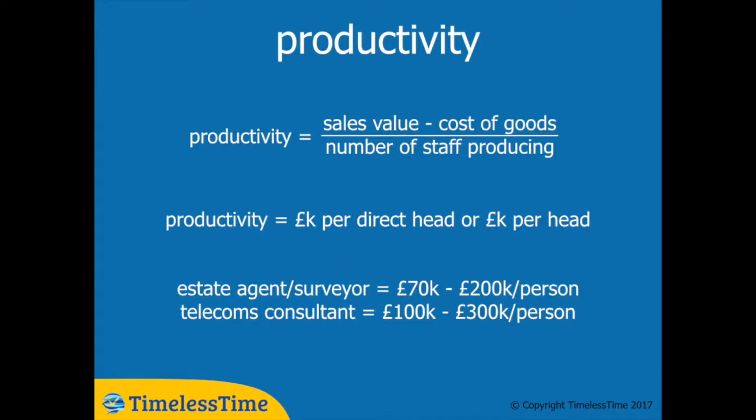If we look then at productivity as a financial measure, so for example, at a national level, the GDP per capita, that is per person, GDP per person in UK and France currently sits at something like $36,000 per head.